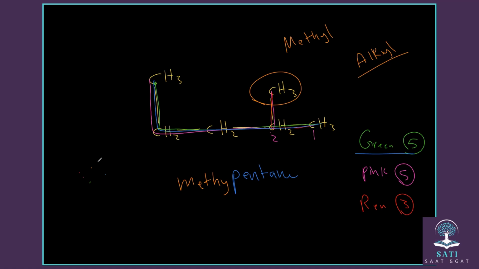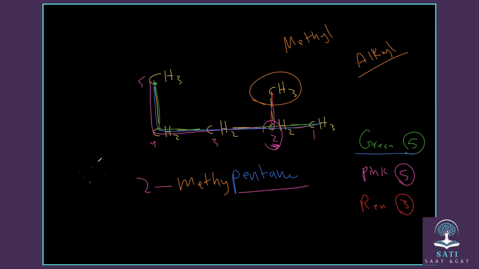I number the carbon atoms of the main compound, pentane, the longest chain: 1, 2, 3, 4, 5. In this case, I get the minimum number possible, which is 2. So we write it 2-methylpentane. I hope that is clear.